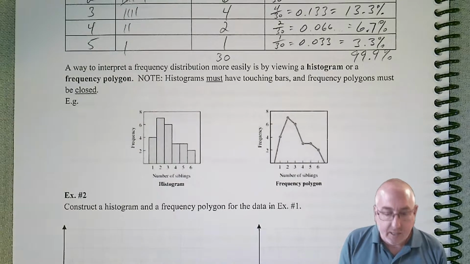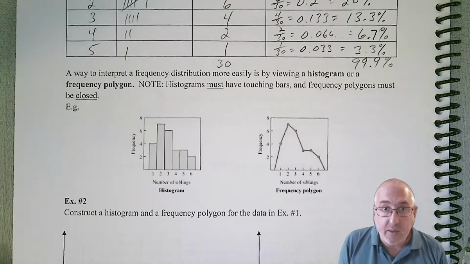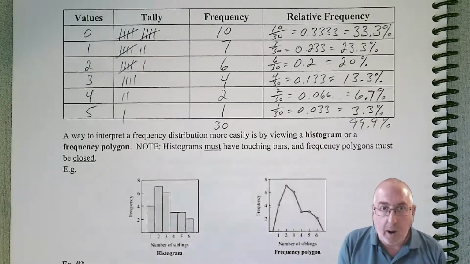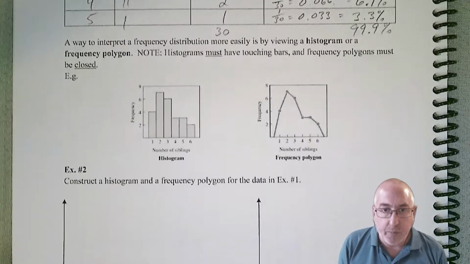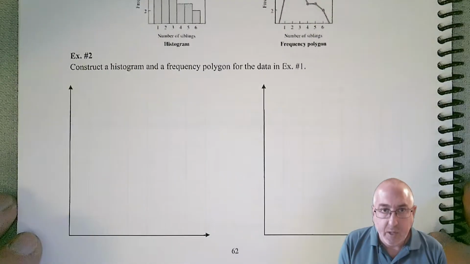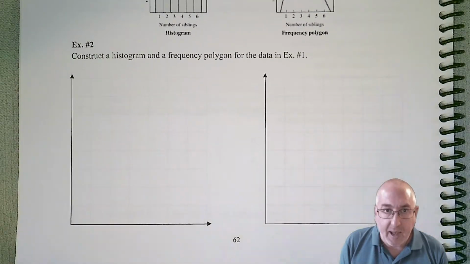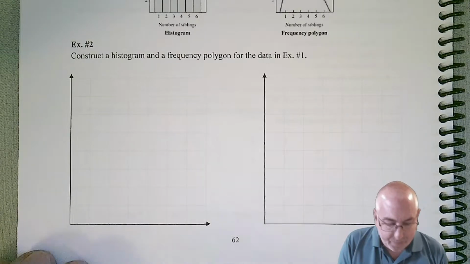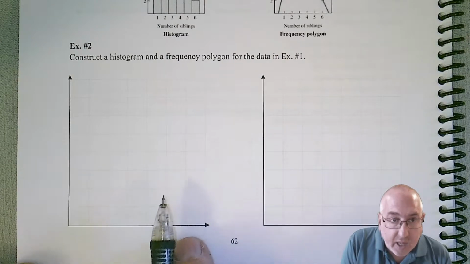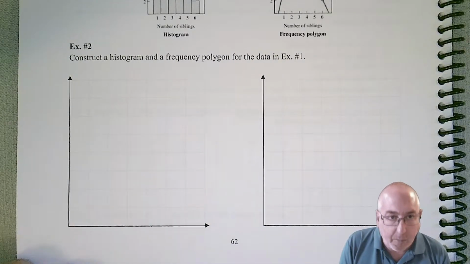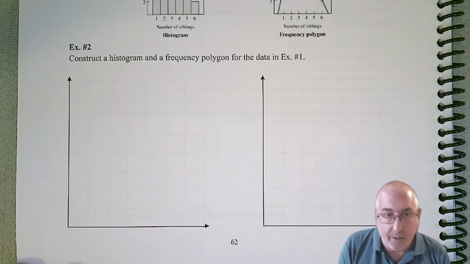So let's create one of these each for our previous problem. We have that information right there, so we should be able to knock this out pretty quickly. We have our blank slates here, and you can see that there are some lines in here, kind of hard to see, but just enough to help guide you when you draw these by hand.